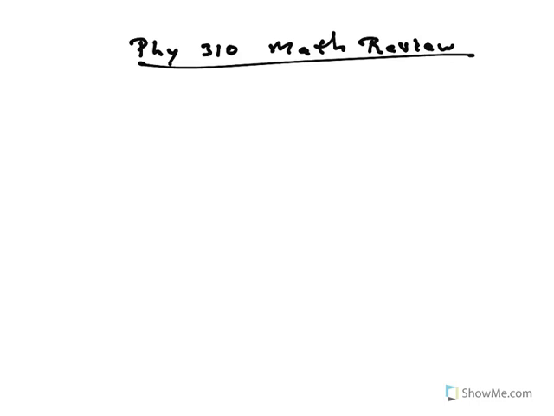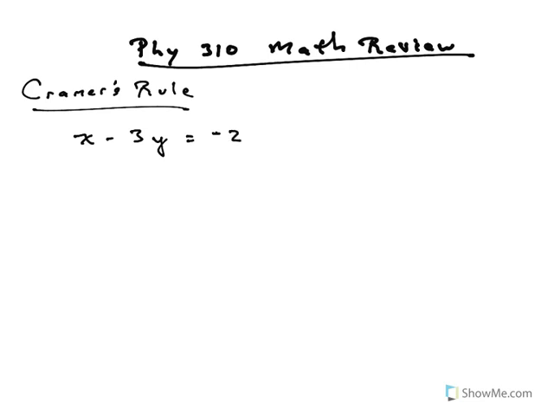Let us go ahead and start again, like I said, with systems of equations using Cramer's rule. So let's say we have a problem like, let's see, x minus 3y equals negative 2.